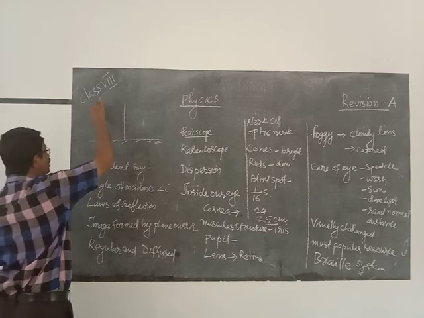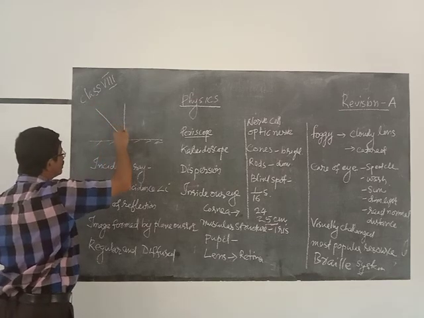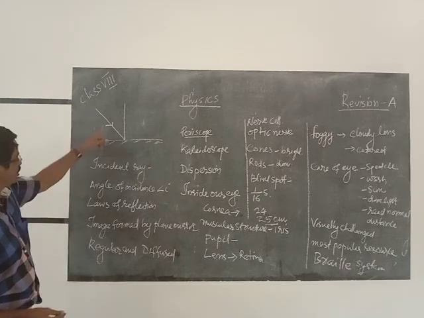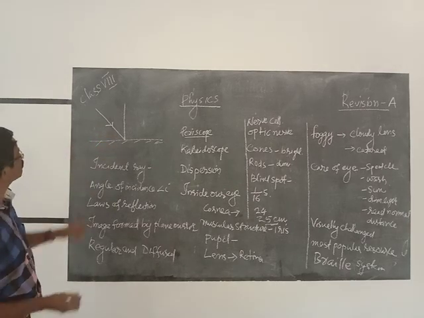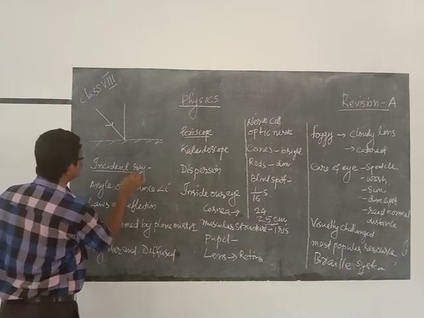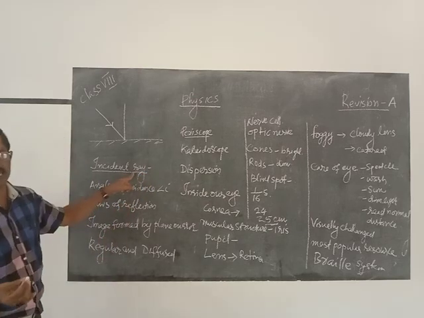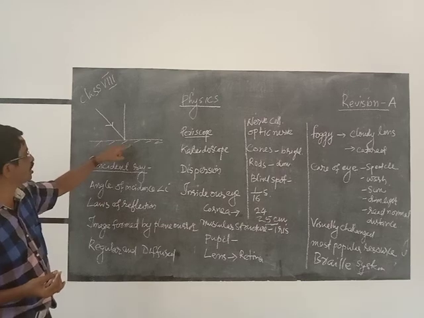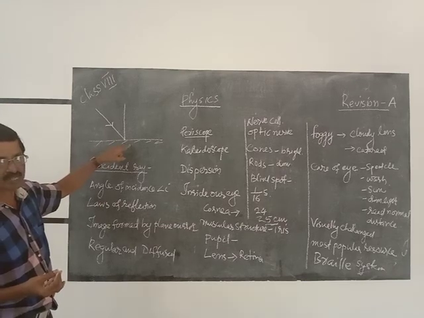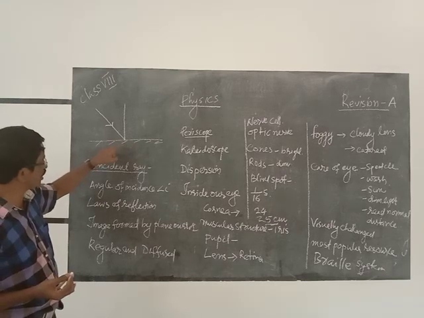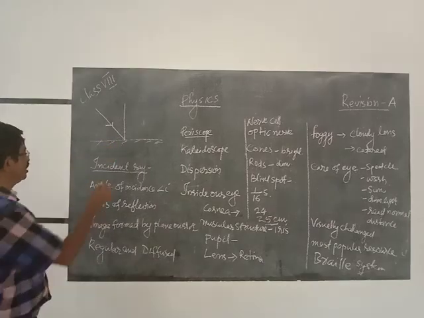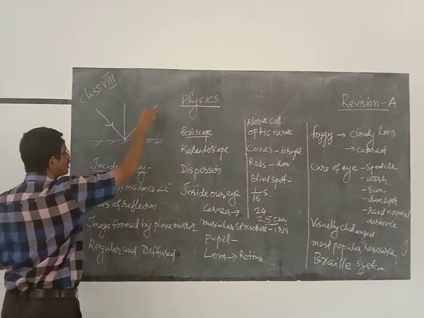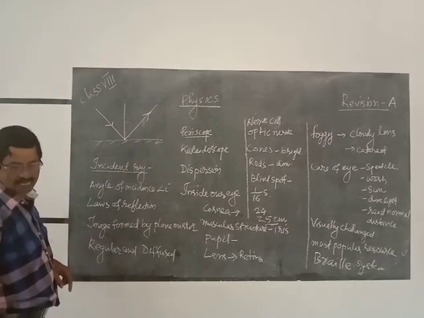The light that falls on this surface is called the incident ray, and the light that returns from this surface is called the reflected ray.